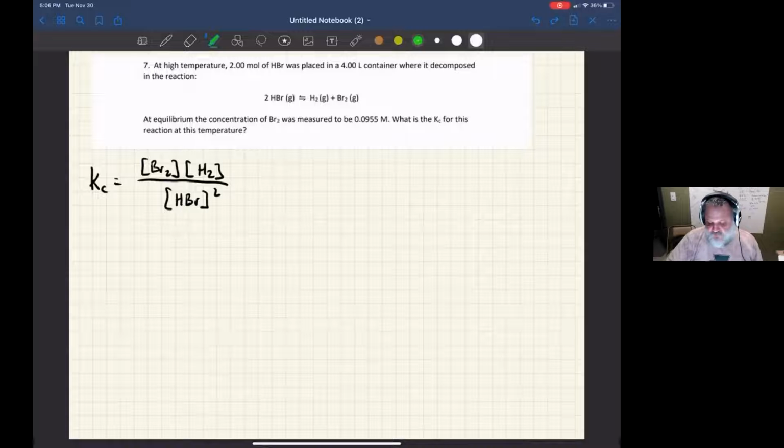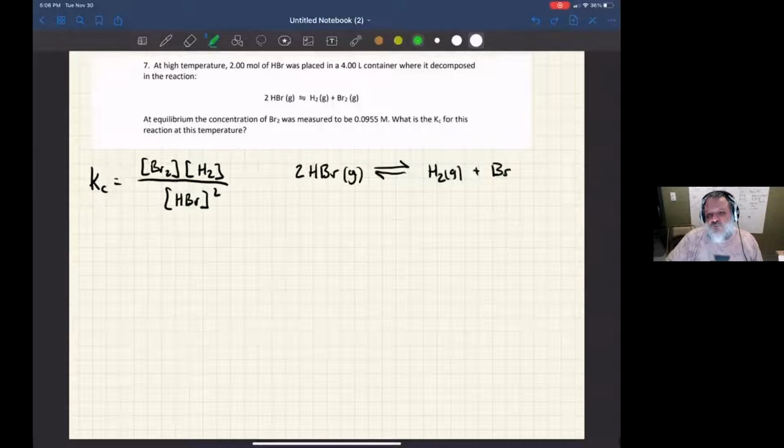Okay, so how do I do that? Let me write down this reaction, just so I have a little bit of space here to deal with it. And now I want to set up something called an ICE table. An ICE table is a way to deal with the initial concentration of the species in the equilibrium, and think about how the concentration changes.